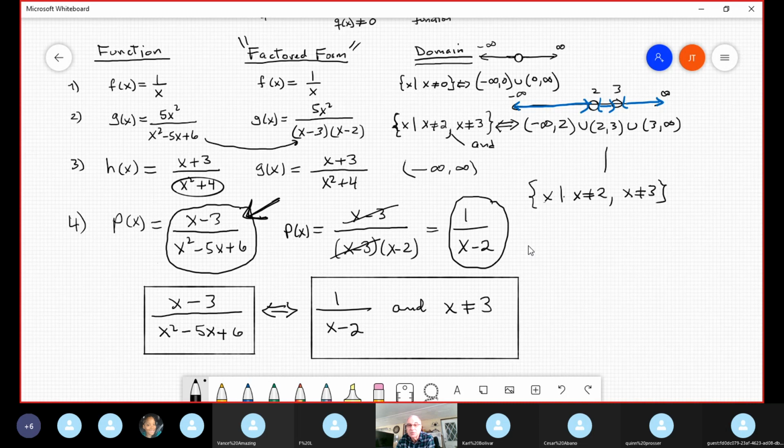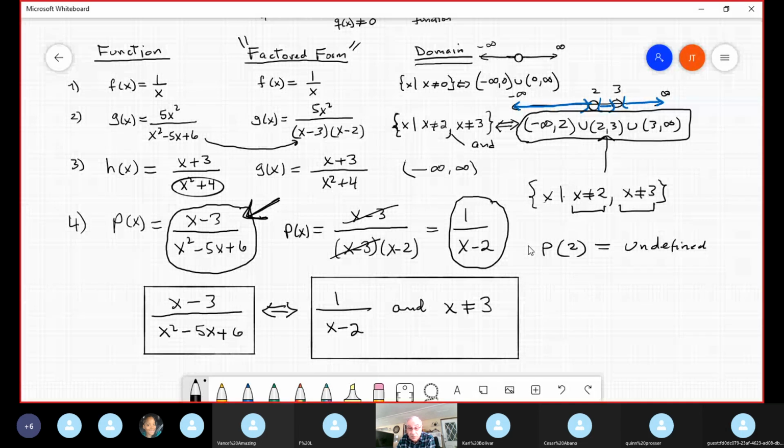In interval notation, I don't need to repeat the idea again. But I want to stop a little bit to understand the difference between 2 and 3. Because when you evaluate P at 2, it's undefined, it's obvious, right? 2 minus 2 is 0 in the denominator.